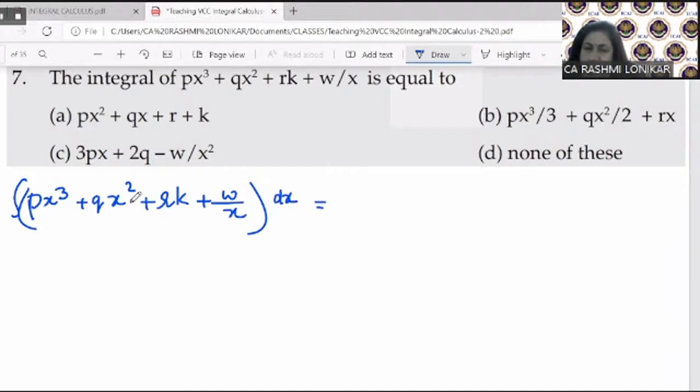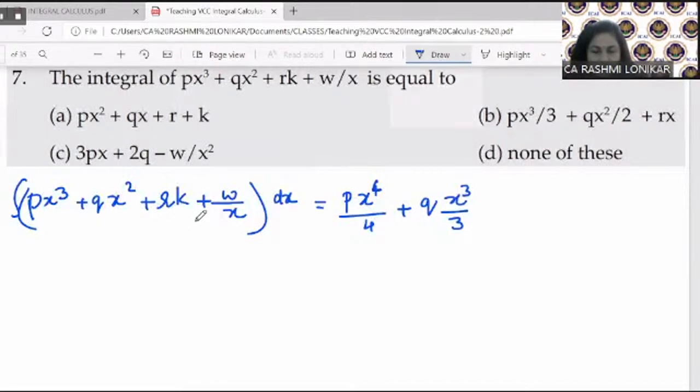Now what will be the integration of x cube? Integration of x cube will be x raised to 4 upon 4. So this is p because p is a constant. So p x raised to 4 upon 4 plus q into, what is the integration of x square? It will be x cube upon 3.